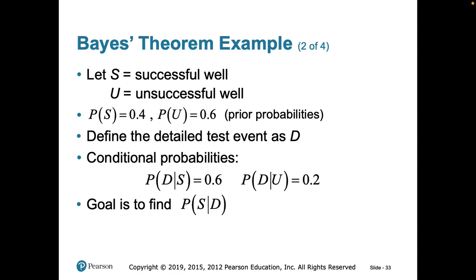You need to define the detailed test event as D, and then you have the conditional probabilities. The probability of a detailed test given a successful well is 60%, and the probability of a detailed test given an unsuccessful well is 20%. So we already have the data, and we need to find the probability of having a successful well, knowing that we have a detailed test.